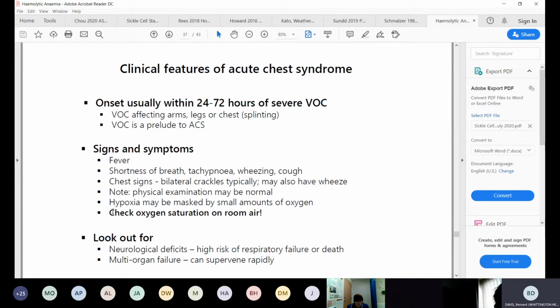What I and others have observed is this: that you can have significant hypoxia, which can be masked by just small quantities of oxygen. So the patient's sats are 95% on 1 liter of oxygen. You take the oxygen off and check it again, and the saturation is 82%. And therefore, the most sensitive way of monitoring the oxygen saturation, and I can't emphasize this enough, is to check that on room air.